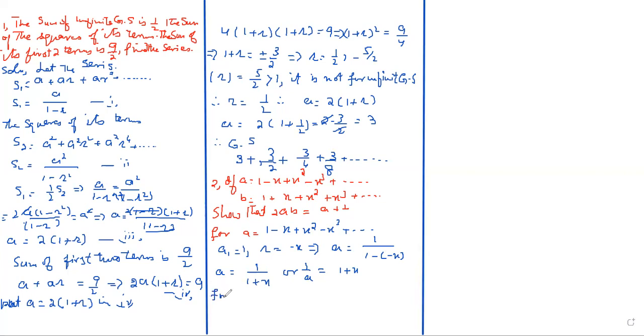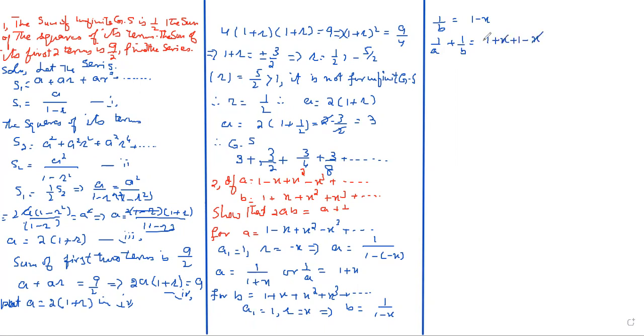Now come to the second part. For B equal to 1 plus x plus x squared plus x cubed plus so on, here the first term a1 equals 1 and r equals x. This implies B equals 1 over 1 minus x. Same is the case: 1 over B equals 1 minus x. Now just adding these two: 1 over A plus 1 over B will be 1 plus x plus 1 minus x.